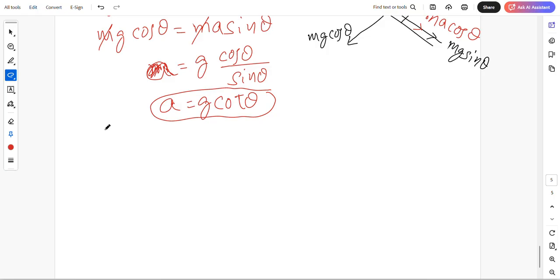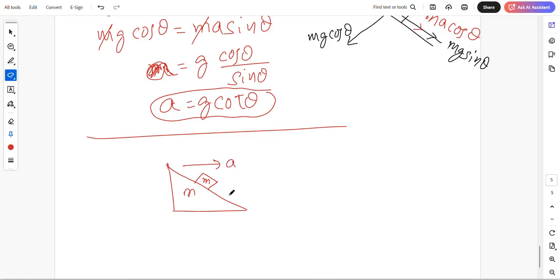Very important. Whenever you have a wedge like this, if this is the mass, if this is moving like this, if this angle is theta, what is the acceleration for no slipping? A is equal to g.